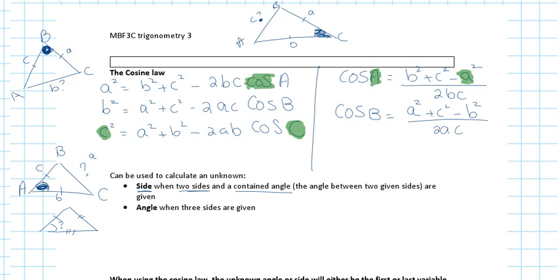They're going to have the same length. Cosine C is going to be A squared plus B squared minus C squared over 2AB.